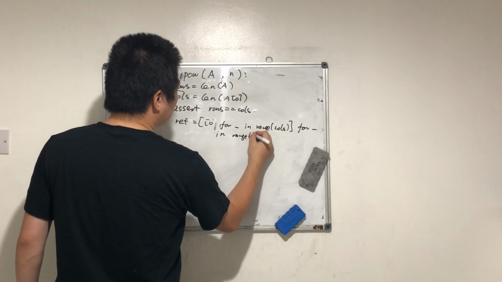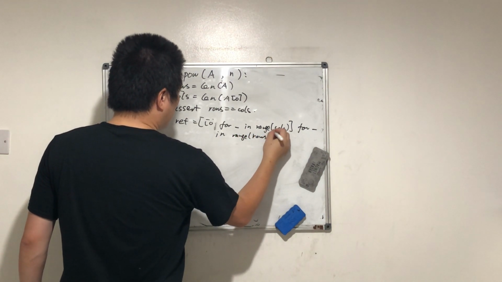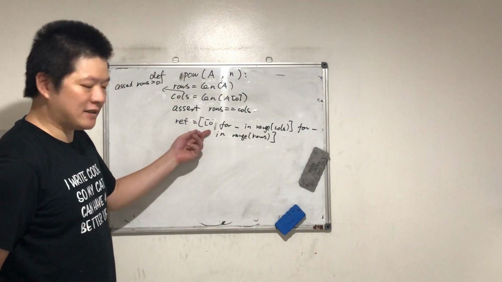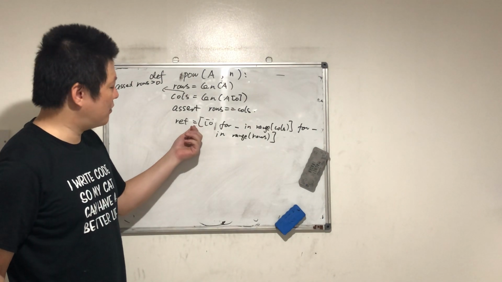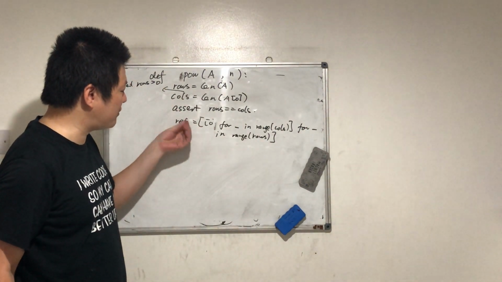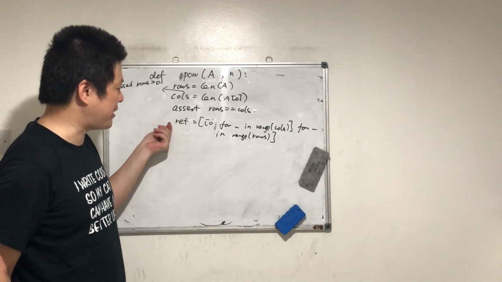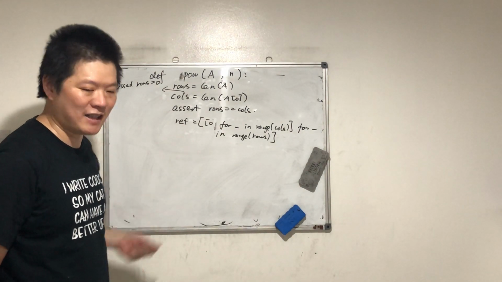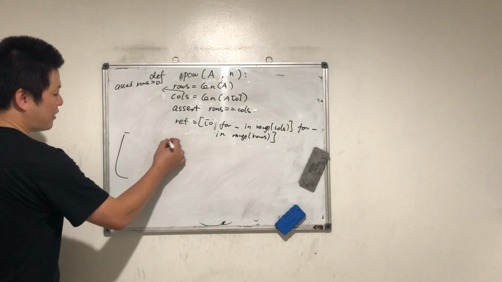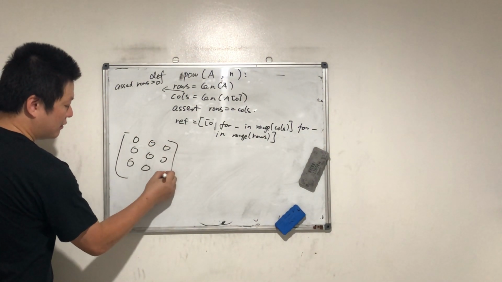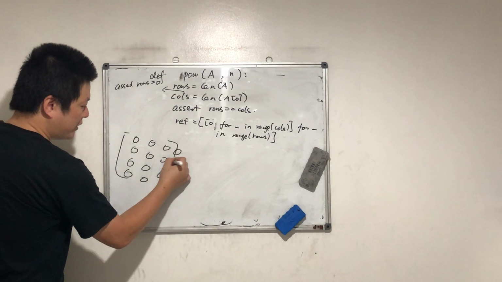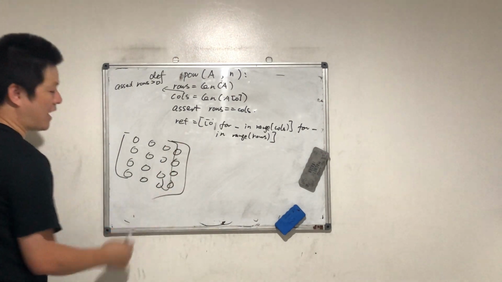So at the beginning, we fill the matrix with 0, but we need to initialize the return matrix as the identity matrix. So what's the identity matrix? If this is all 0, what do we need to do to make it the identity matrix?